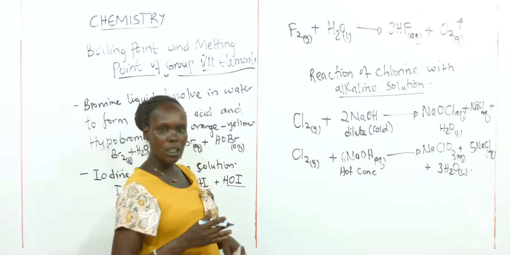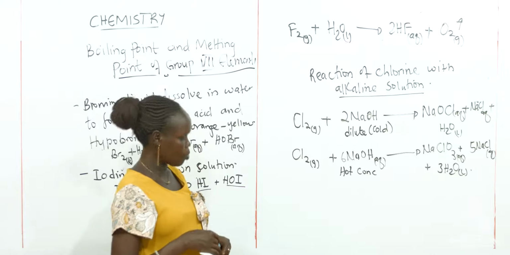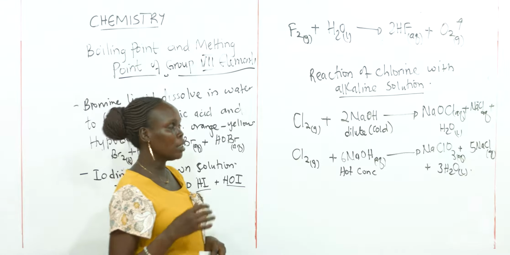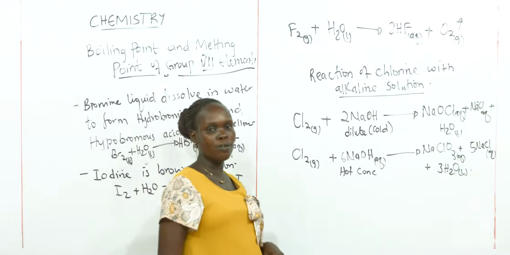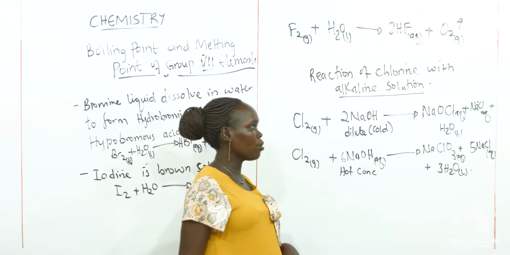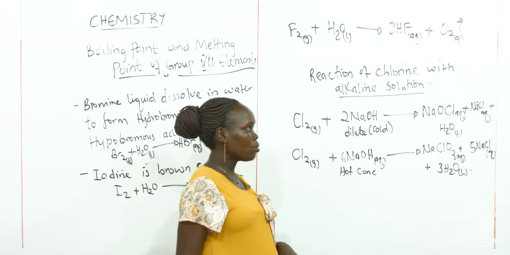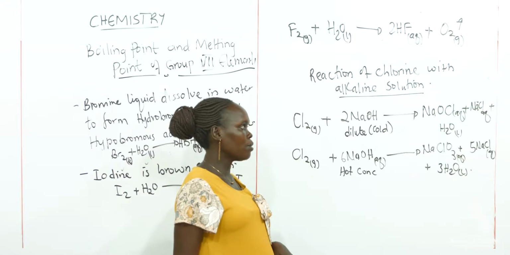So learners, we took chlorine as one of the representatives for the 3 elements which follow fluorine, and we know that as chlorine reacted with the sodium hydroxide, the same thing bromine will react with sodium hydroxide, and also iodine will react with sodium hydroxide to give us the resulting products, which are sodium hypochlorite plus sodium chloride and water. The same thing will give us sodium hypobromite and sodium bromide, and also water.